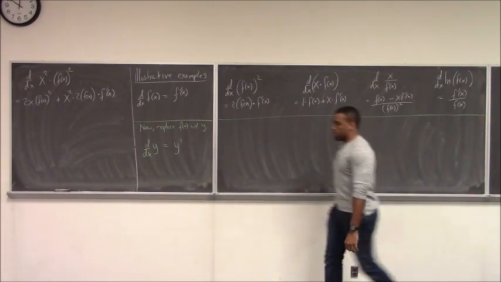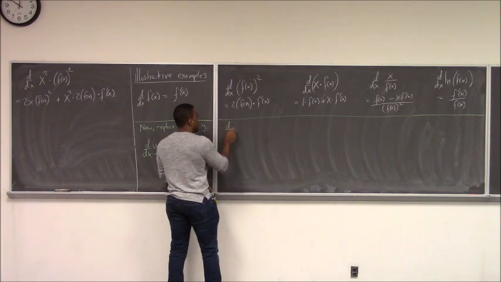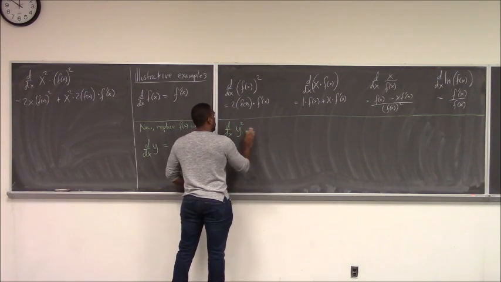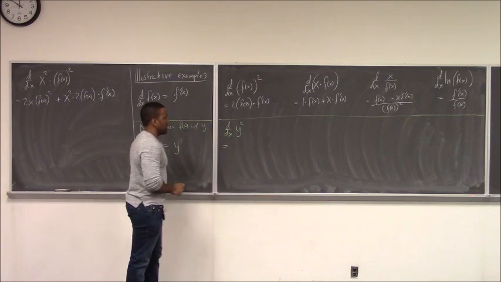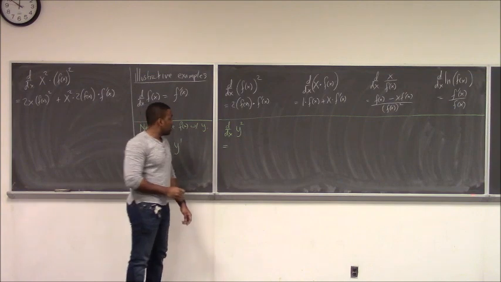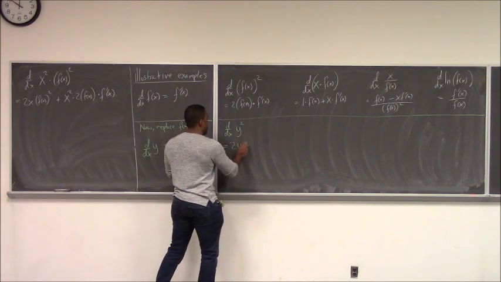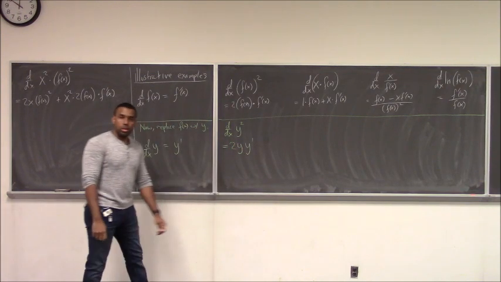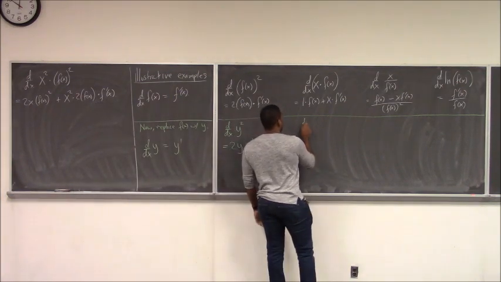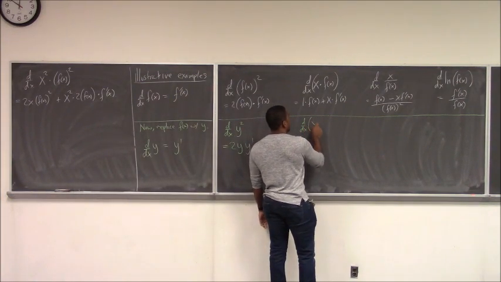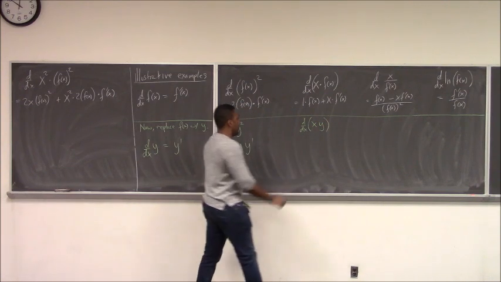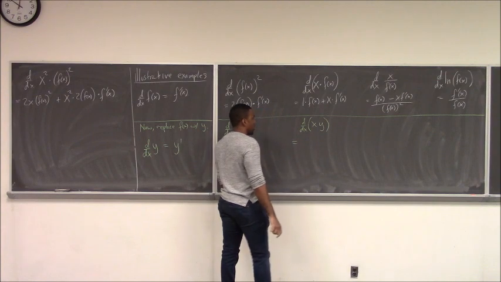Now what would these expressions look like? So if I wanted to differentiate y squared, what would that have to be? Well, we're literally replacing the f with y everywhere. So this would look like 2y, y prime, right? Because of the chain rule. Here, if I wanted to differentiate an expression that looks like x times y, then I would just apply the product rule.